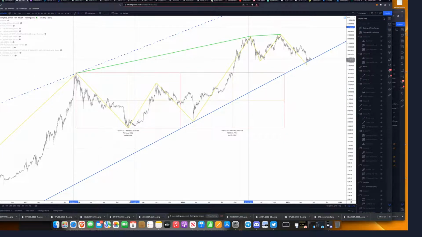Pretty much lined up. Get our FibFan and get our quarter, and you can see pretty much the FibFan is playing its role. And even here, a bit of support there.